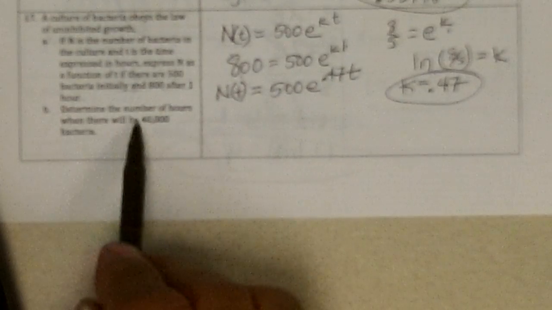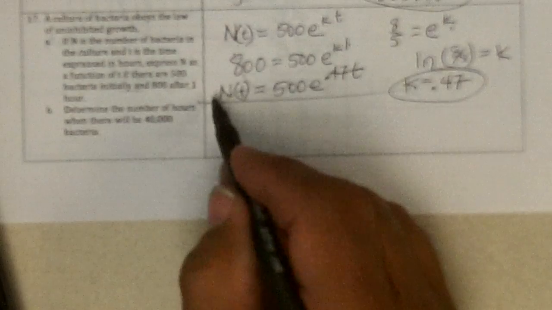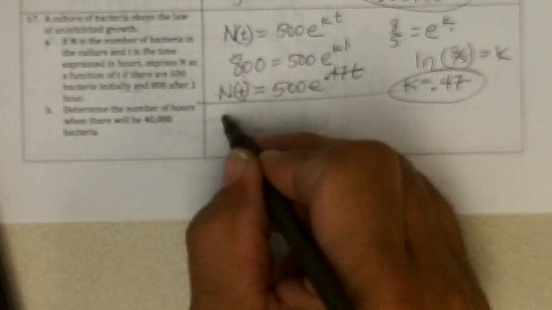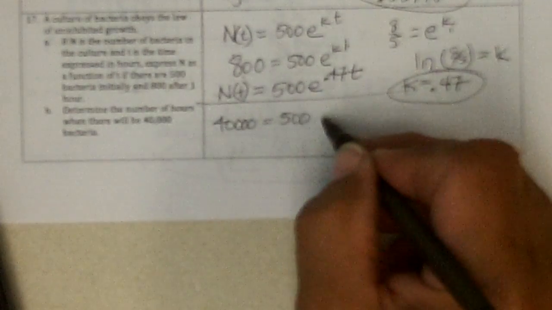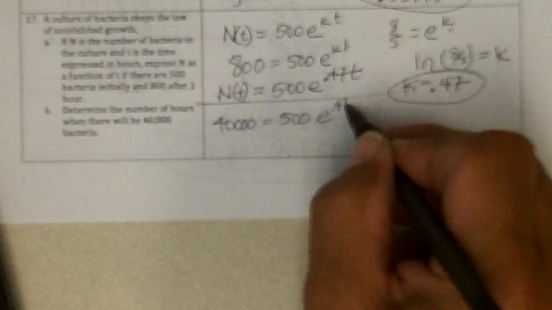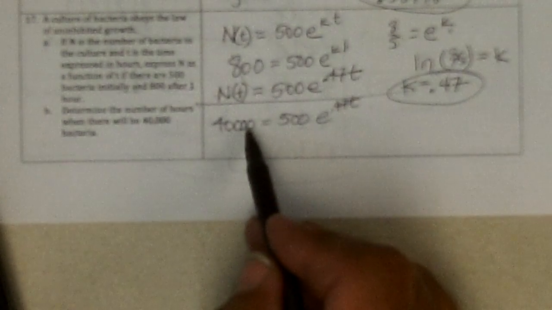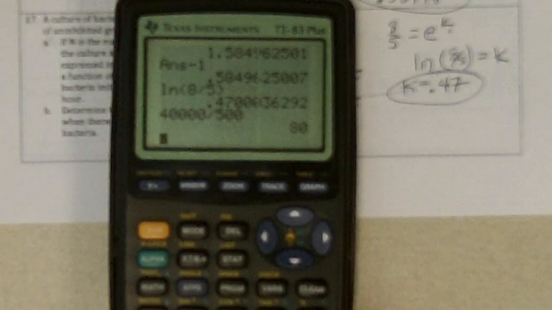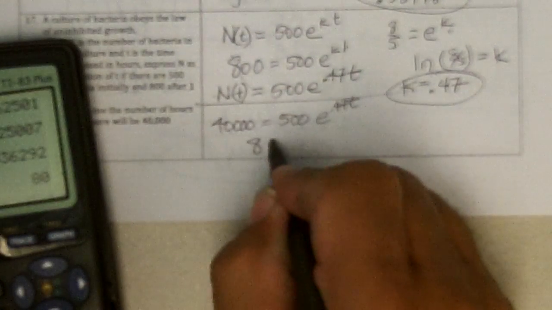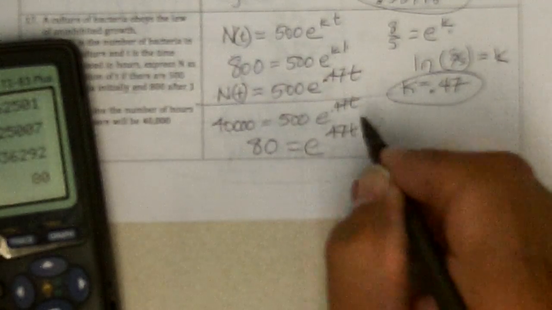Determine the number of hours when there will be 40,000 bacteria. So now we're going to put 40,000 in for n, and 40,000 equals 500 e to the 0.47t. So if we divide by 500, we get 80, I think. Better be careful here because it's late. 80 equals e to the 0.47t.